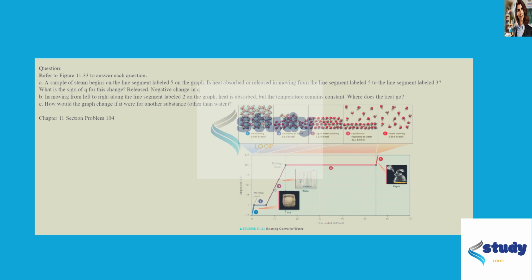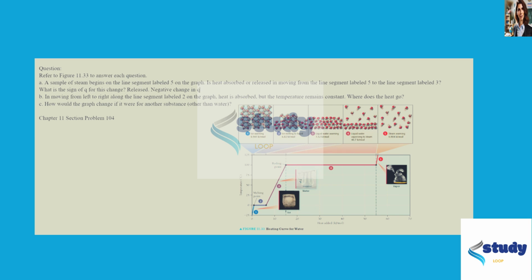So the slopes will be different, and also probably the lengths of these plateaus will change depending on the substance. It might take more or less energy to convert it from the liquid stage to the gaseous stage, depending on the amount of energy that is stored in those bonds.